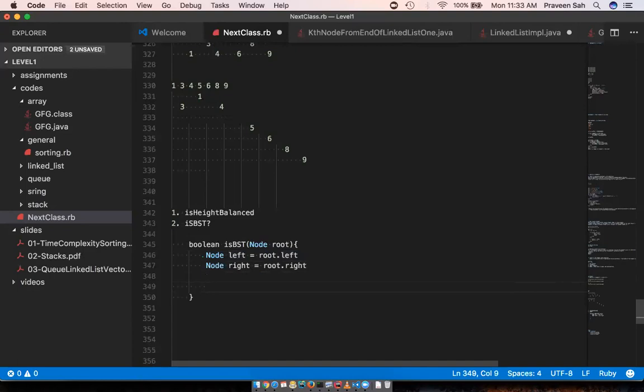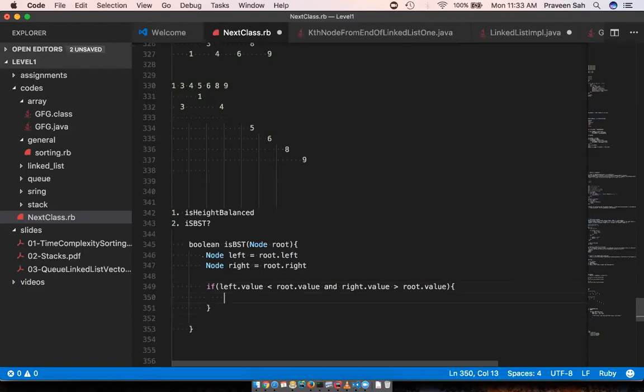If left dot value is less than root dot value and right dot value is more than root dot value, return true, else return false.